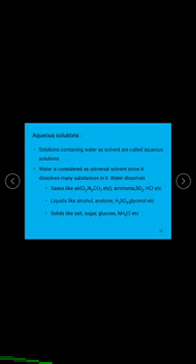Here we discussed that solutions containing water as a solvent are called aqueous solutions.